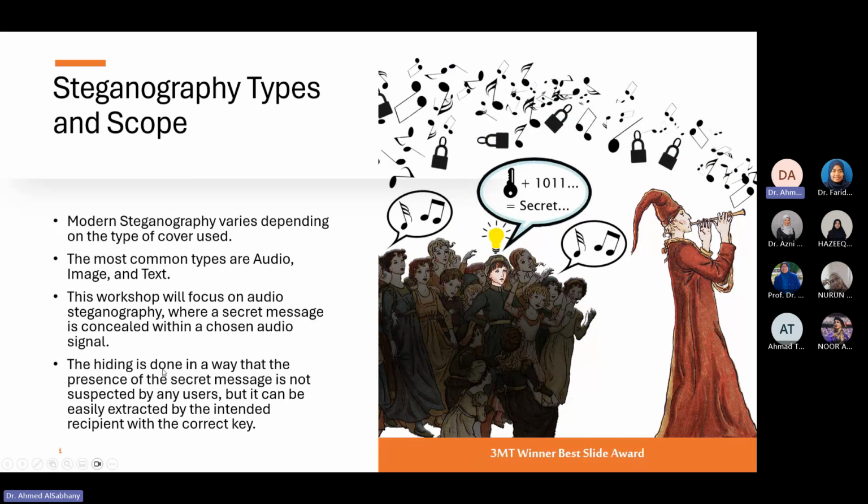Modern steganography varies depending on the type of cover used. Basically, we are using audio, image, and text steganography, although there are many other types: packet, VoIP (voice over IP), and many more. Any innocent cover can be used as a base for steganography, actually.